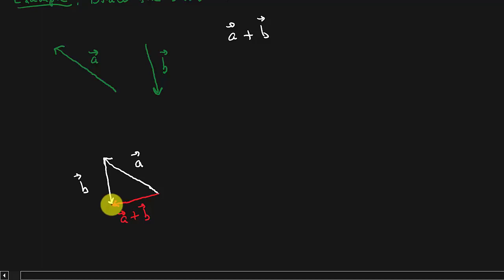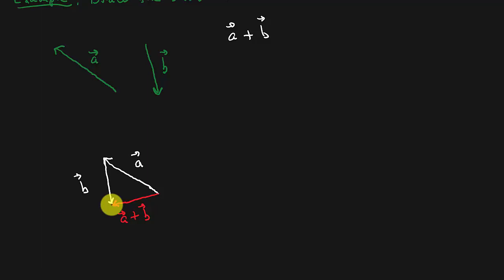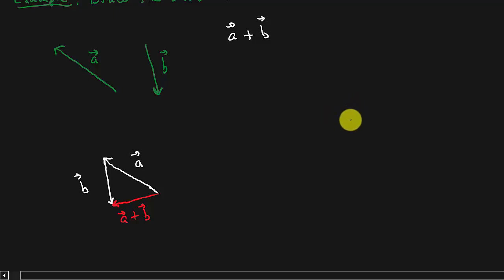There's another way that we can do this, and it's called the parallelogram law. The way we would do that is, let's draw vector A right here.